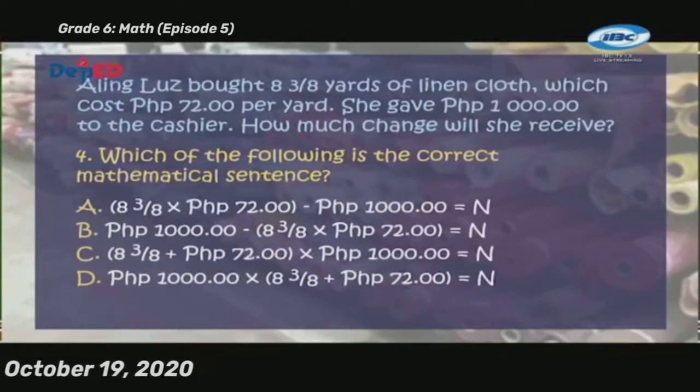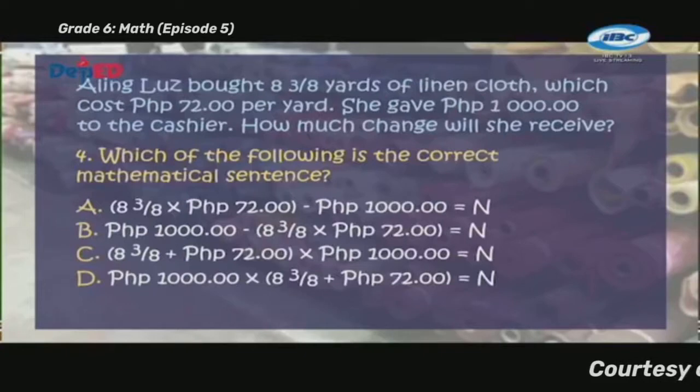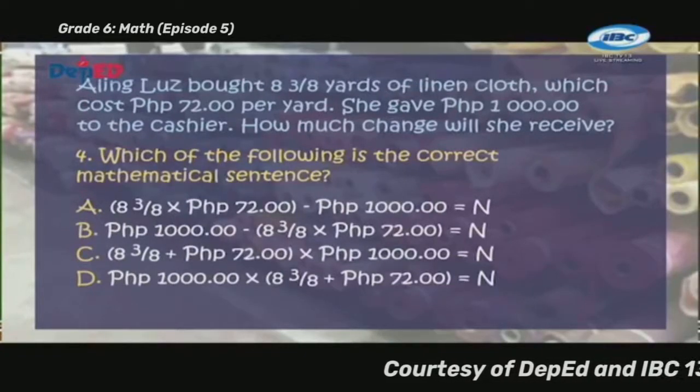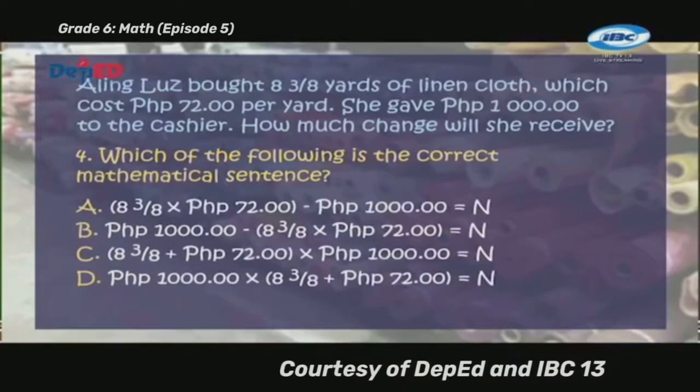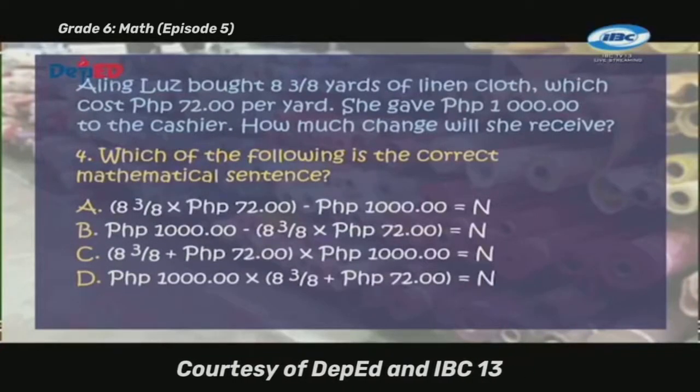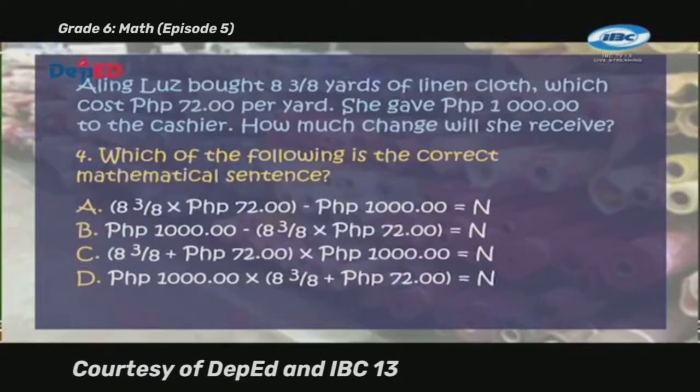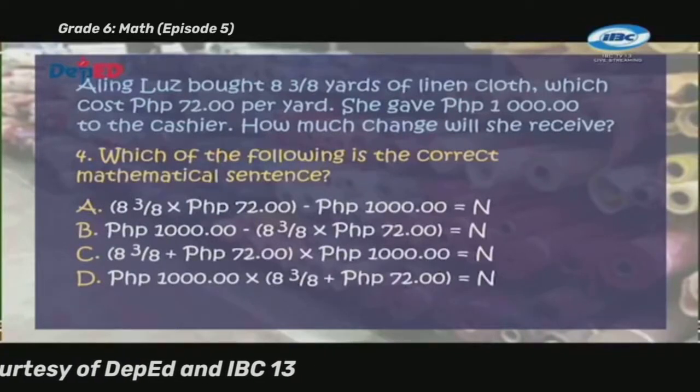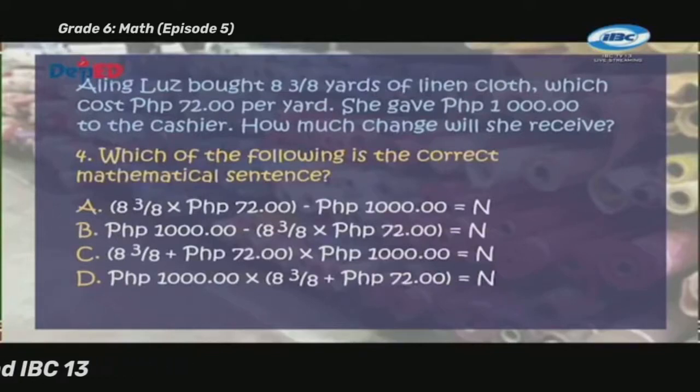A. The group of 8 3/8 times 72 pesos minus 1,000 pesos equals N. B. 1,000 pesos minus the group of 8 3/8 times 72 pesos equals N. C. 8 3/8 plus 72 pesos times 1,000 pesos equals N. Or letter D, 1,000 pesos times the group of 8 3/8 plus 72 pesos equals N.